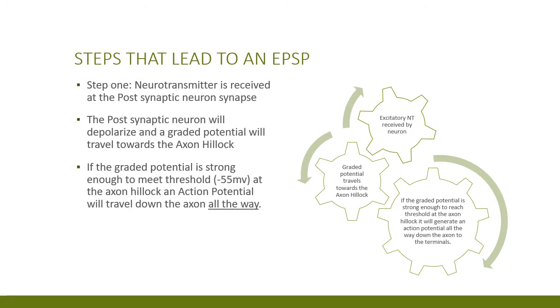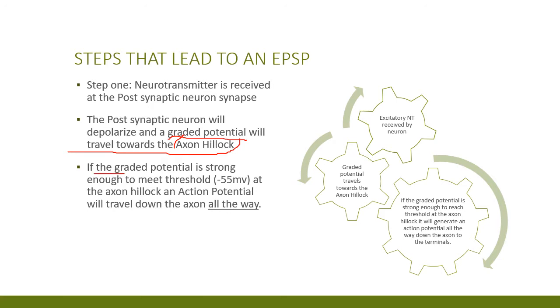So step 1, the excitatory neurotransmitter is received at the postsynaptic neuron. Step 2, the postsynaptic neuron will depolarize, and what happens first is a graded potential occurs on the postsynaptic neuron, traveling towards the axon hillock.